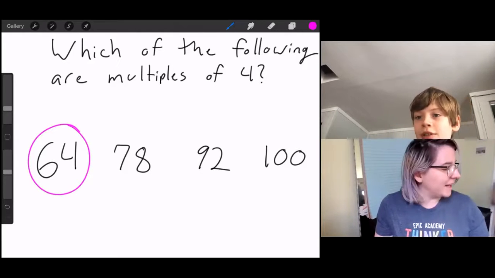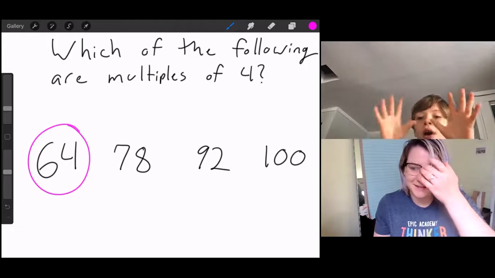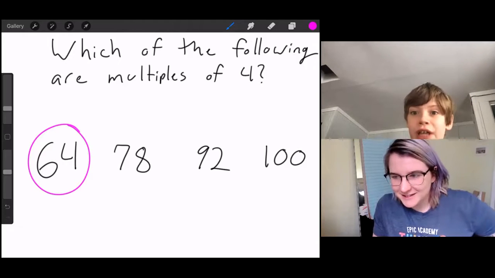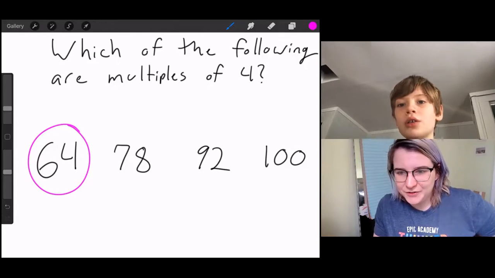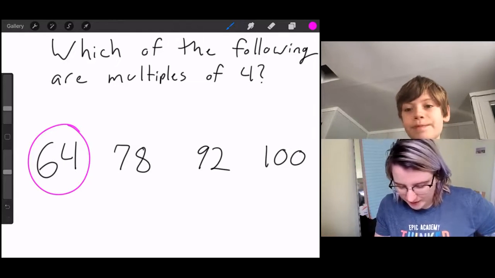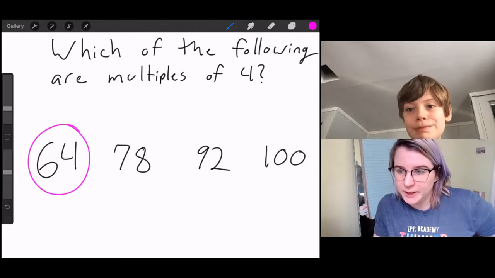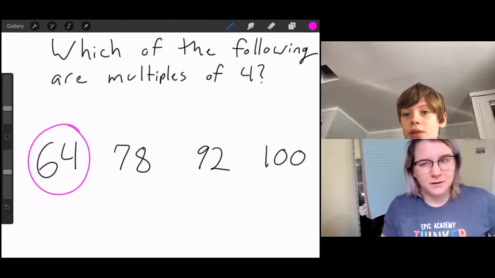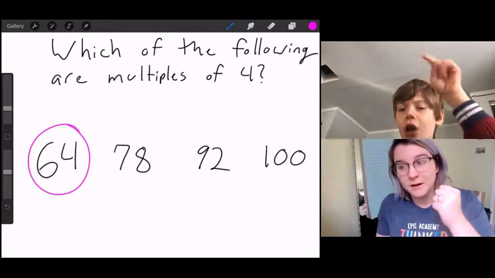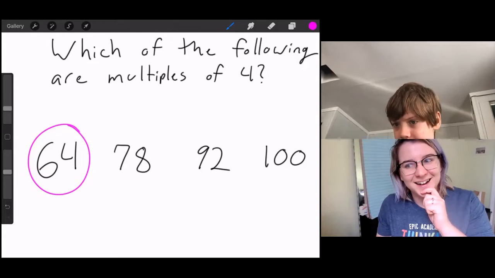What about 78? Now, since they're all higher numbers than 4, we just have to count up. Yes, absolutely. So, 64. We already got the 64. What's the next multiple of 4? 64, 70, 74, 78. Wait, no! 64, 68.